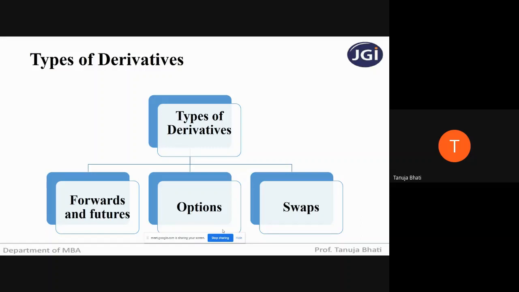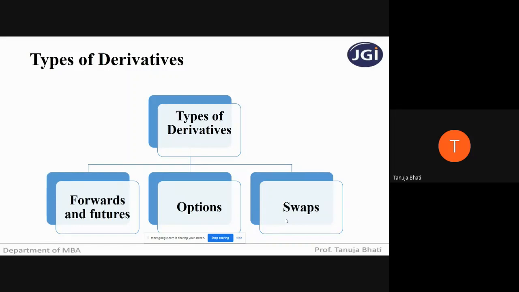Now next, what are swaps? Derivative contracts also allow the exchange of cash flow between two parties. Swaps usually involve the exchange of a fixed cash flow for a floating cash flow. The most popular type of swaps that we come across is interest rate swaps, because interest rates keep on fluctuating. We also have commodity swaps and currency swaps.